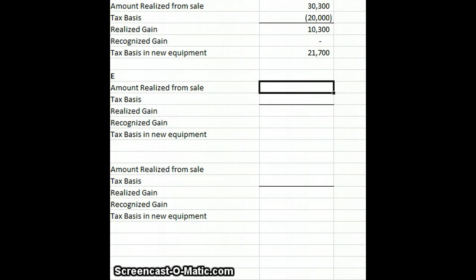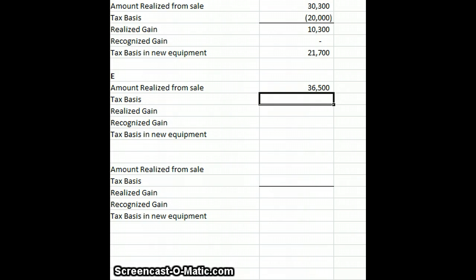Okay, so now let's look at E. The old asset and new asset are not qualified property for non-taxable exchange purposes. To equalize the value exchanged, Firm A received $4,500 cash from the other party. So that means my asset is actually worth more. It's worth the $32,000 fair market value plus the $4,500 of boot, so the amount realized from the sale is $36,500.